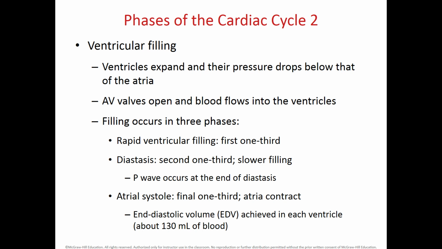And then in the last third you have the atrial systole, or atria contracting, and that will reach the entire volume that the ventricle can hold, which is 130 milliliters of blood, what we call the end diastolic volume.